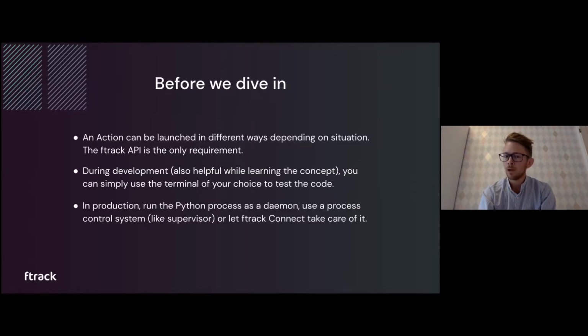Before I leave this slide, I'll take the opportunity to explain what an action is technically. As you have already understood, an action is just pure Python code that's executed from the web interface or from the Connect app.